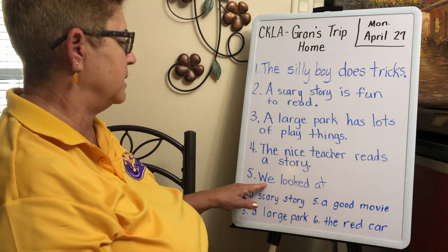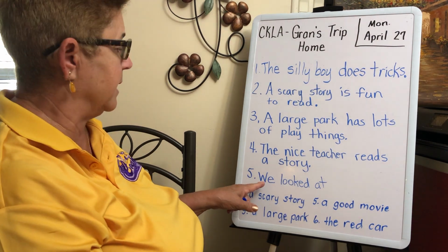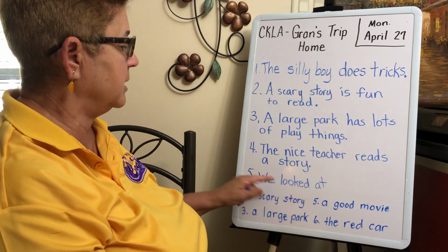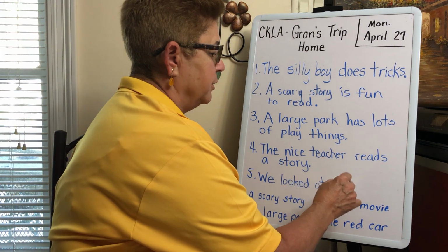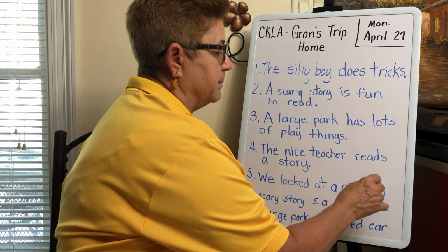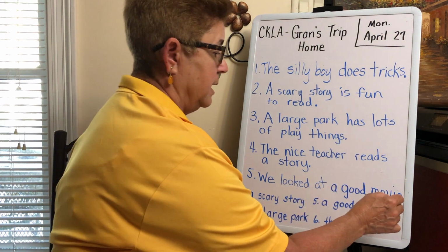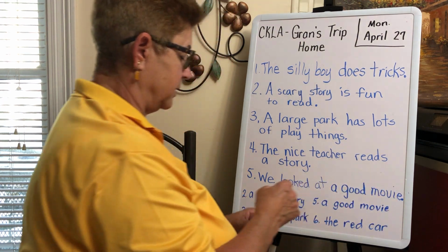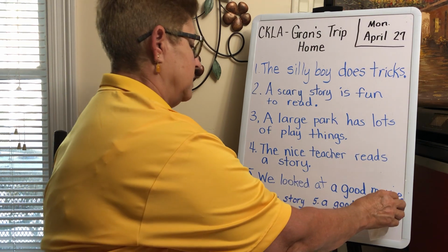So now we is our noun. It's actually a pronoun. And looked is our verb. We looked at a good movie. But guess what? Movie is still a noun. And good is still the adjective that describes the movie.